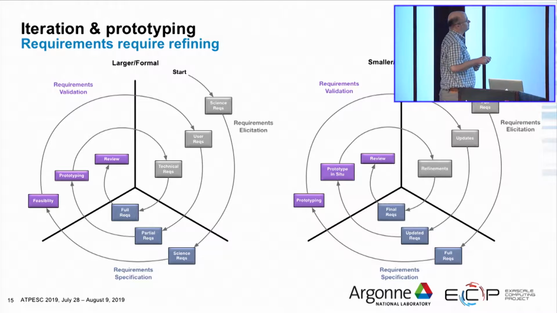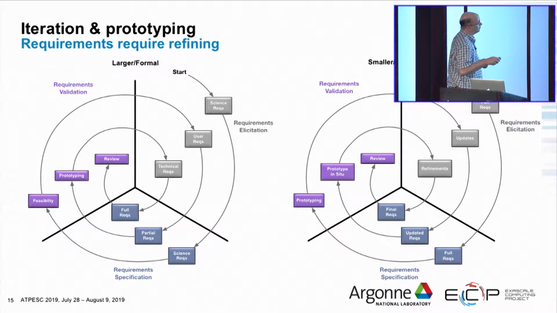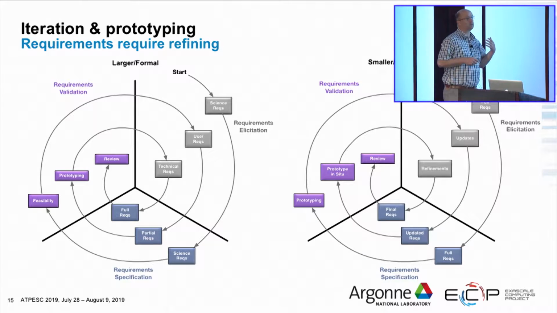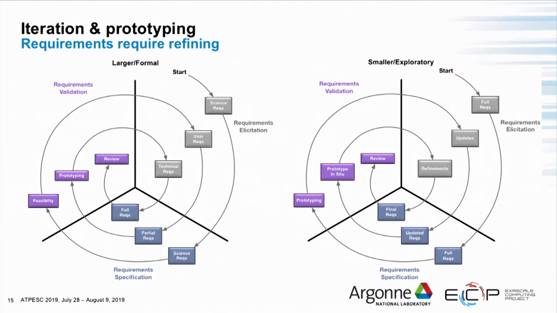One way for this sort of refinement work to proceed is through spiral processes. Here I've got, again, a large formal process where we can imagine that with each iteration through the spiral, we add another layer of requirements. We could start off with the software science requirements. We do some elicitation and specification of those. Then we do a feasibility study to determine whether those science requirements are something we can actually achieve with our resources.